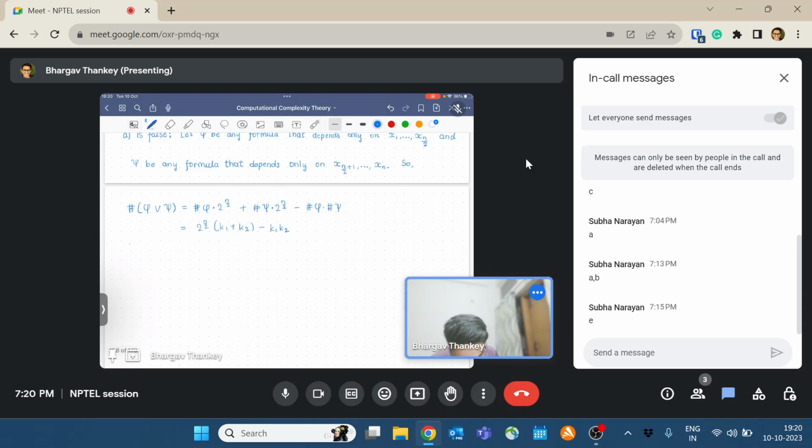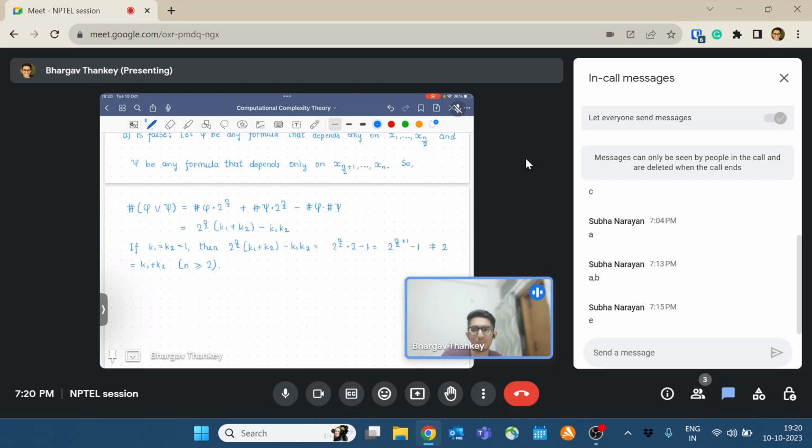So if k1 equals k2 equals 1, then this is 2^(n/2) times 2 minus 1, which is not equal to 2, which is k1 plus k2, assuming n is greater than or equal to 2. So it's at least 3.